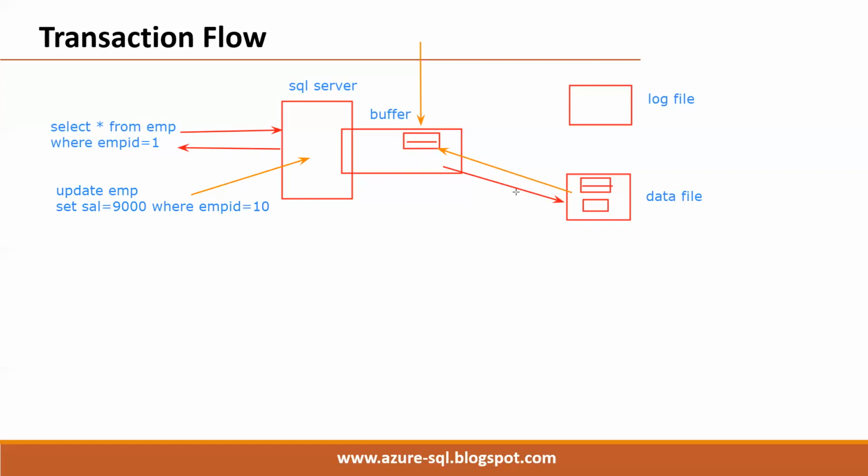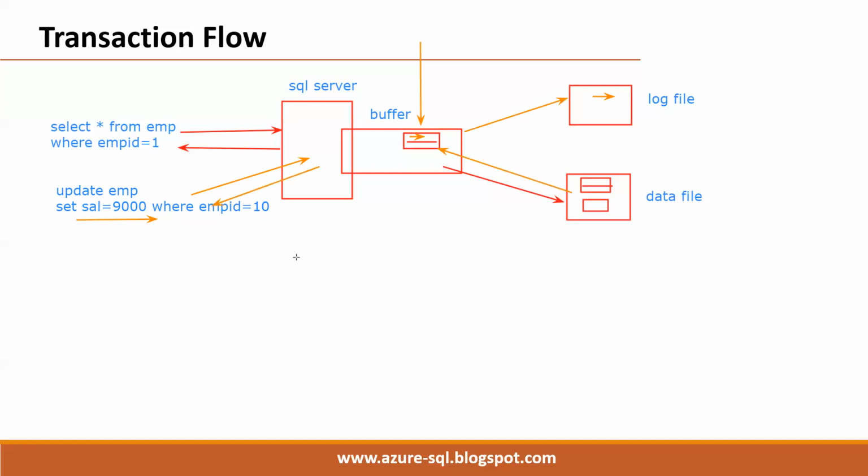After copying the record into the buffer, the salary is updated, meaning the record is modified. The same modifications are written into the transaction log file also. Then the user will get the acknowledgement.